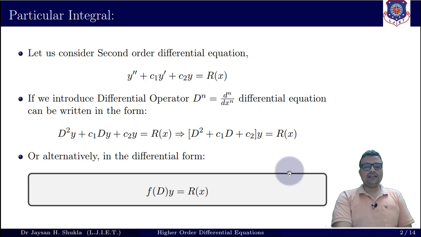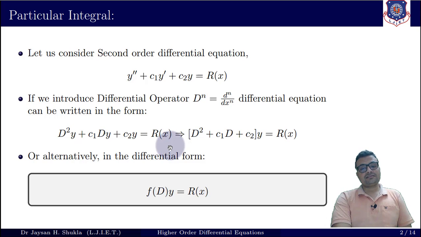Okay, so as usual, I am considering the second order differential equation y double dash plus c1 y dash plus c2 y equal to R(x). Then I am taking the differential operator capital D as d/dx, and that will turn my equation into this form: D square y plus c1 D y plus c2 y equal to R(x).